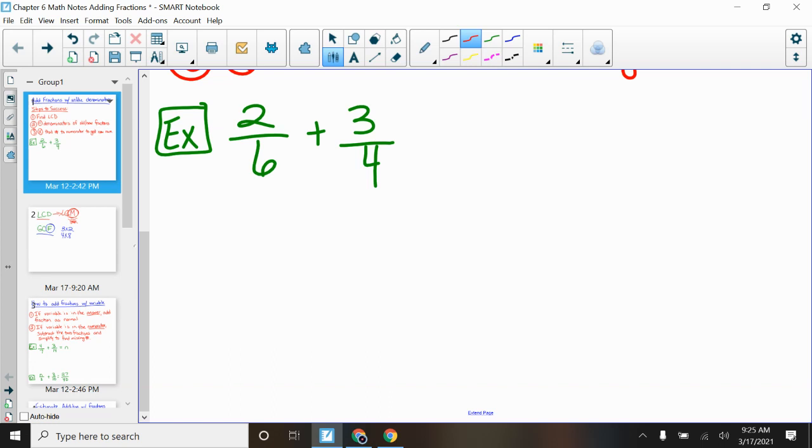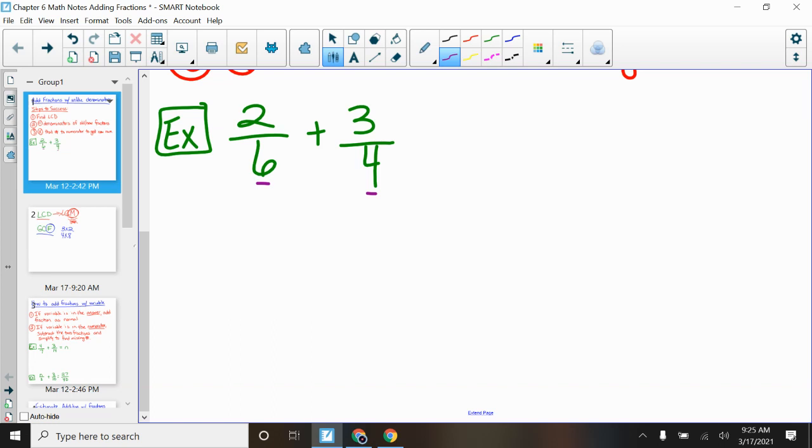So what does step 1, Brody, say to do? Find the least common denominator. Okay, so our brains think least common denominator means I need to find the multiples. I gotta list the multiples, right? So I gotta look at 6, I gotta look at 4, and I have to ask myself, what's the least common denominator between 6 and 4?